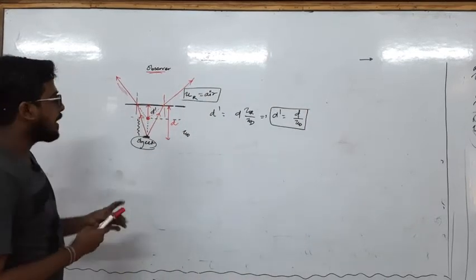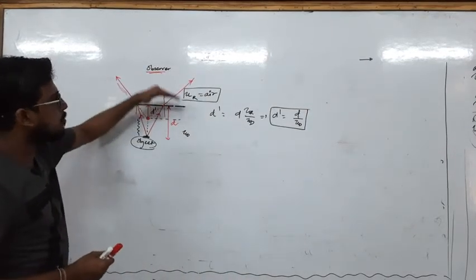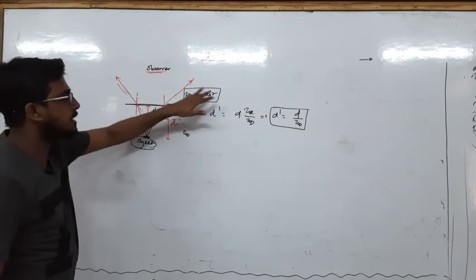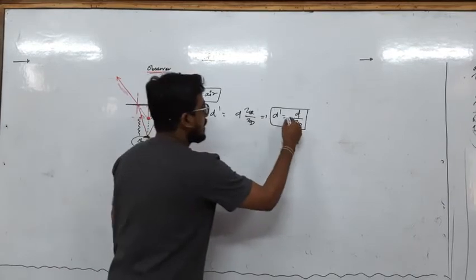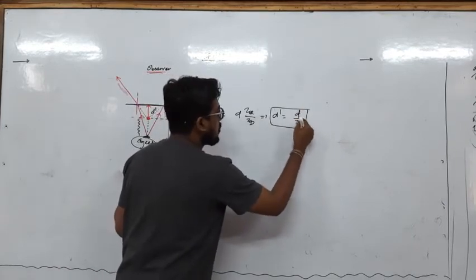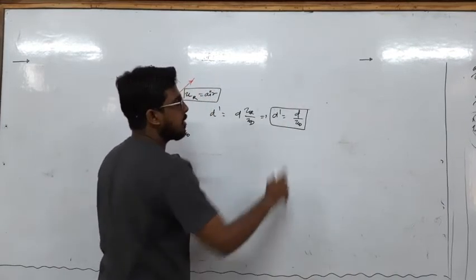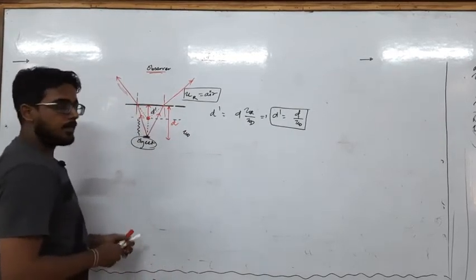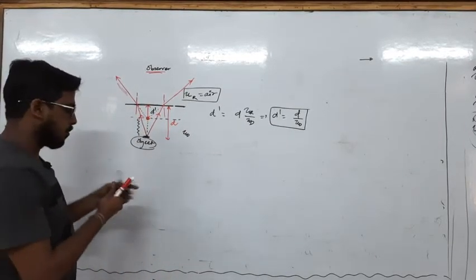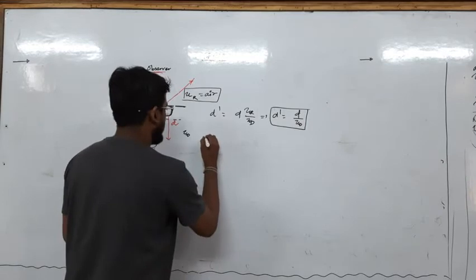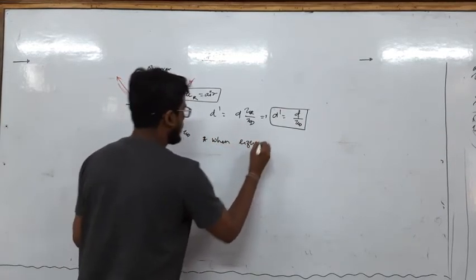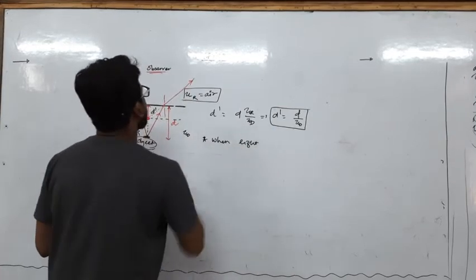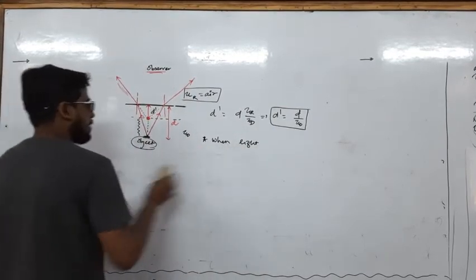So when light travels from any denser medium to the rarer medium, which is taken as air, the apparent depth will be 1 by mu times of the real depth. Clear? You have to remember this.